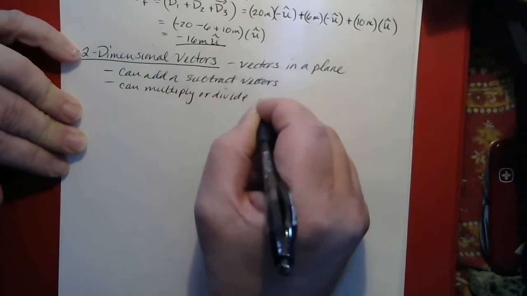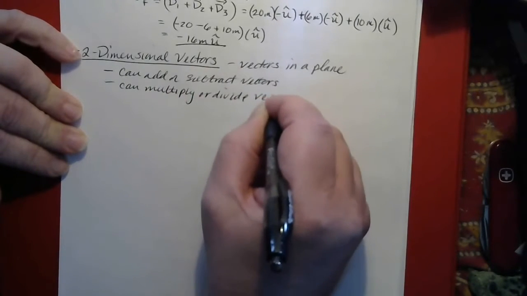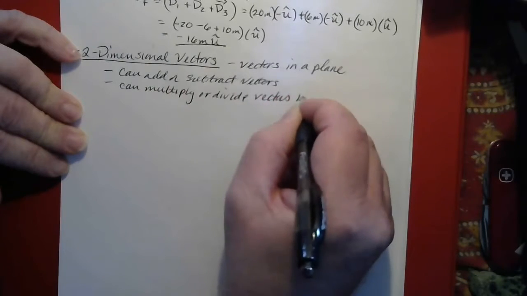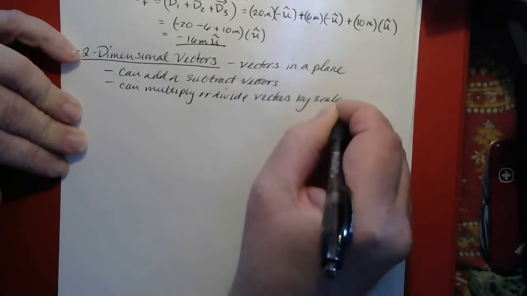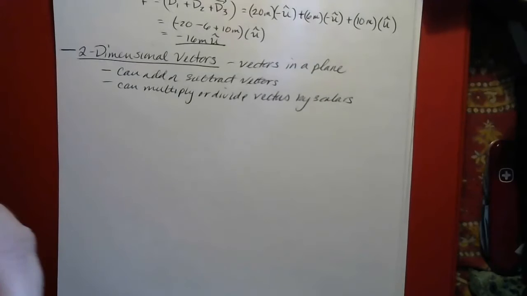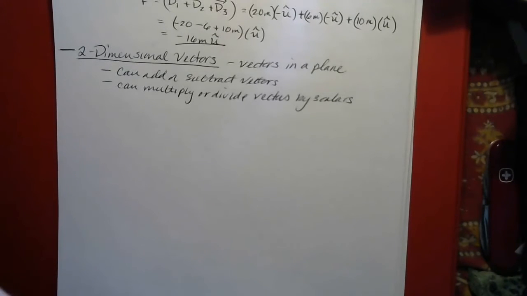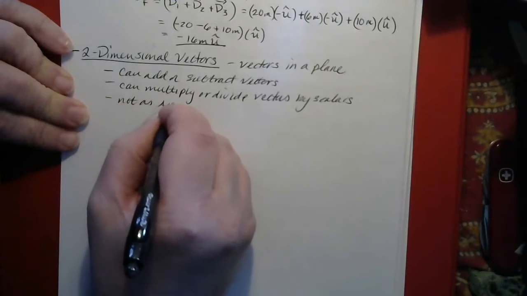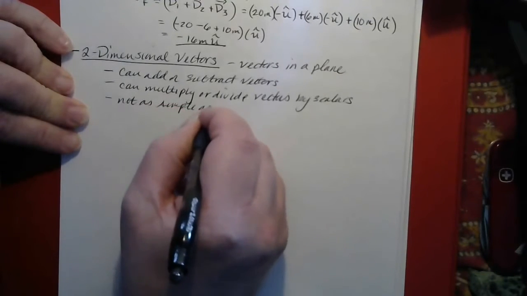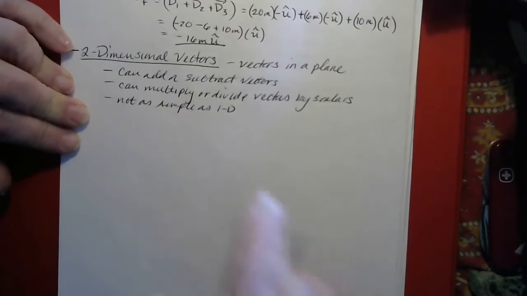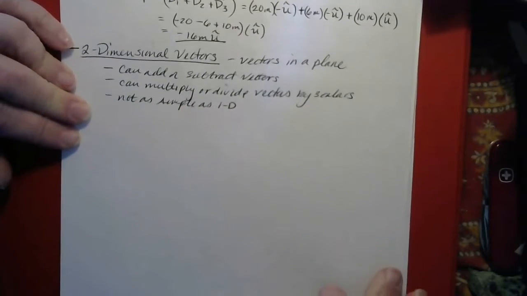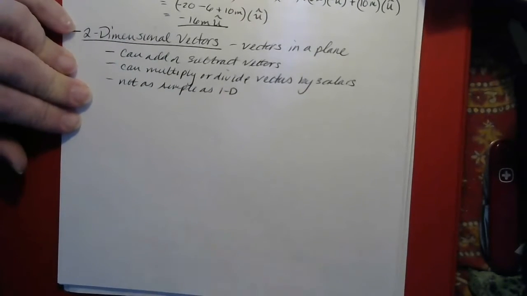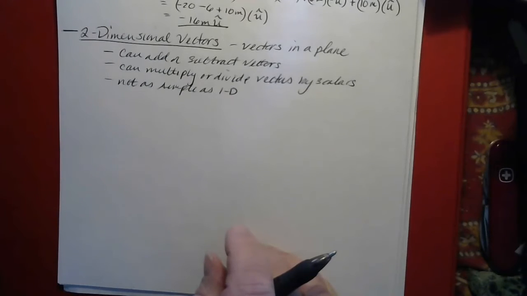And you can multiply or divide vectors by scalars. And you can use unit vectors and all that nice stuff here also. Not as simple as I mentioned a moment ago, not as simple as one-dimensional problems, but why would it be? It's got two dimensions.